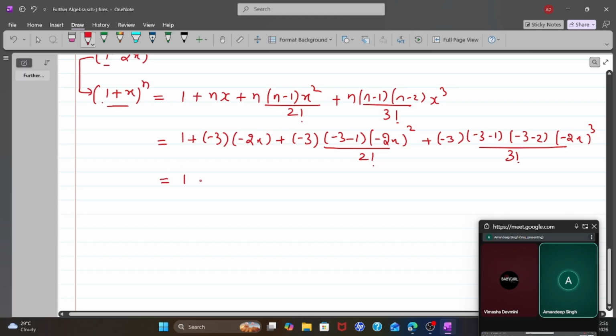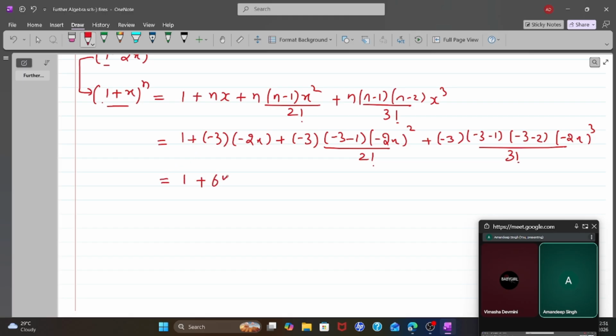So it is 1 plus 6x plus minus 3 minus 4 into 4x square divided by 2 plus minus 3 minus 4 into minus 5 into minus 8x cube divided by 6.